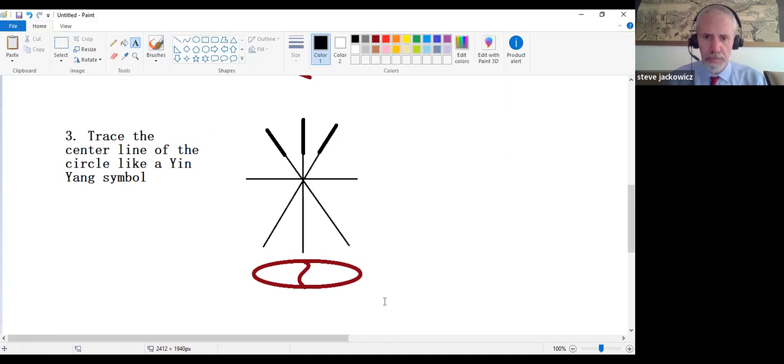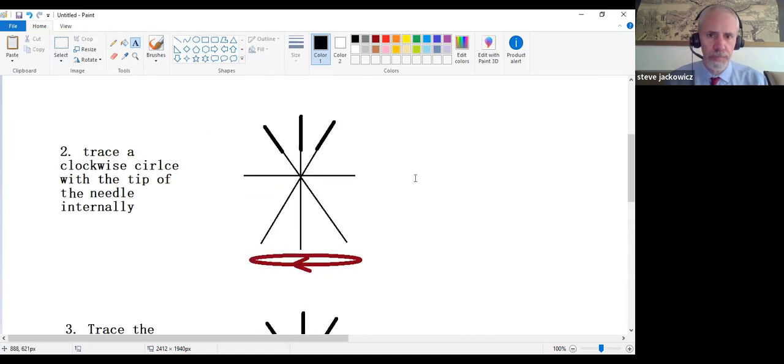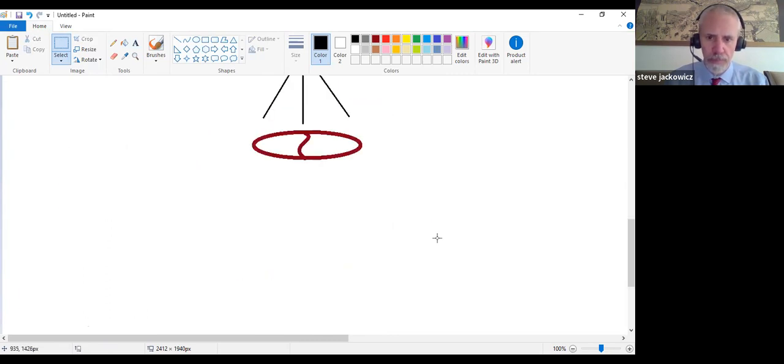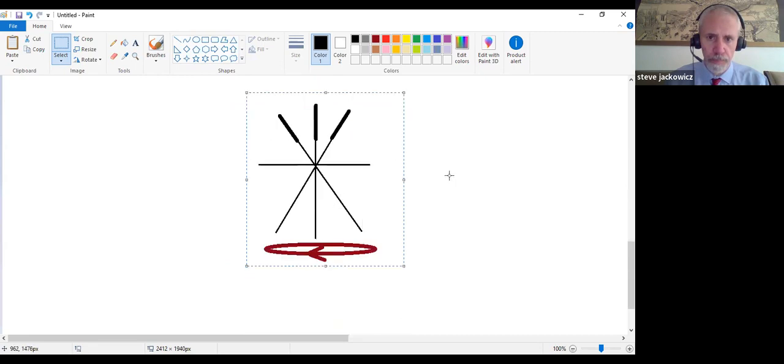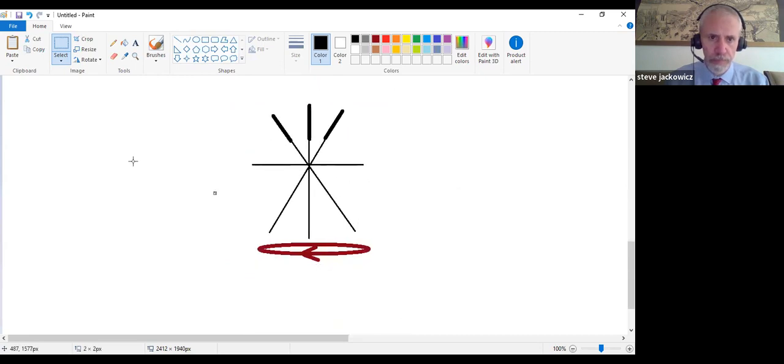Okay, then step 4. Step 4 is almost identical to step 2, but we're going to be tracing the opposite way.